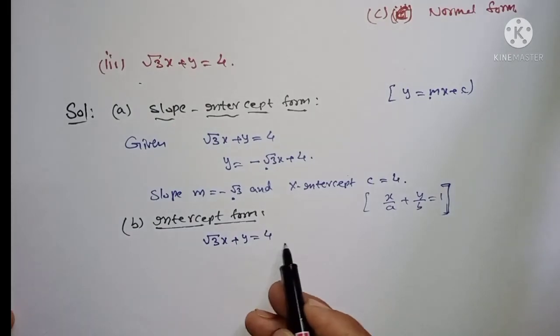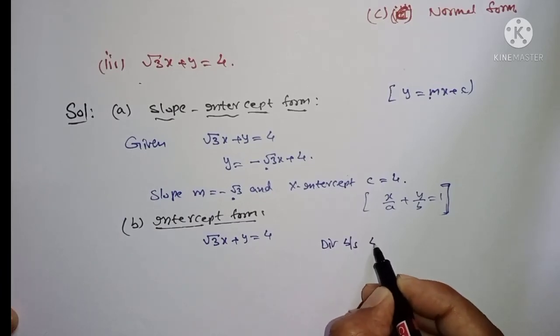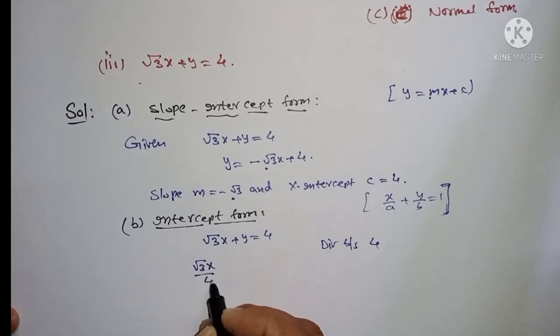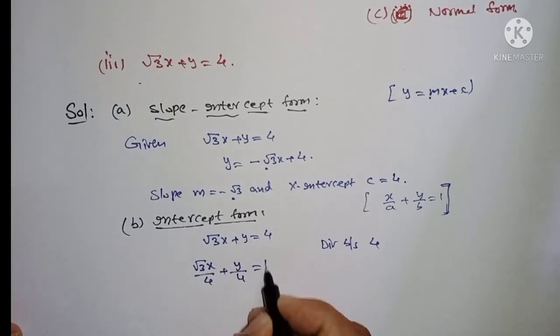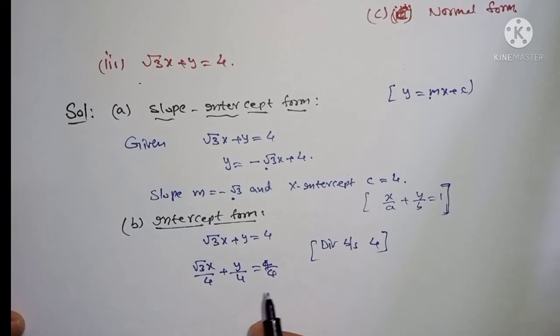Divide both sides by 4, because the right side must be 1. Therefore root 3x by 4 plus y by 4 is equal to 1, because 4 by 4 is 1. Bringing the numerator root 3 to the denominator, we get x by 4 by root 3 plus y by 4 is equal to 1. This is the intercept form.